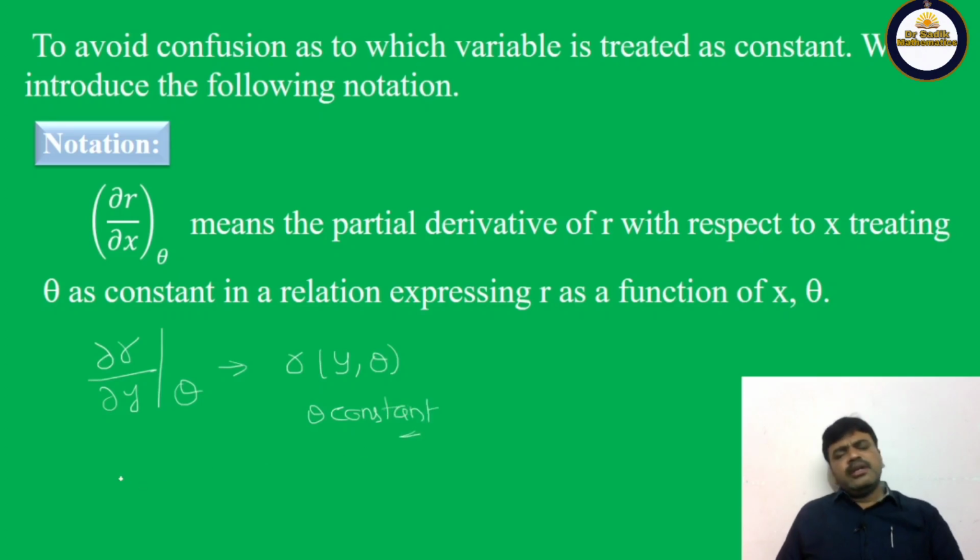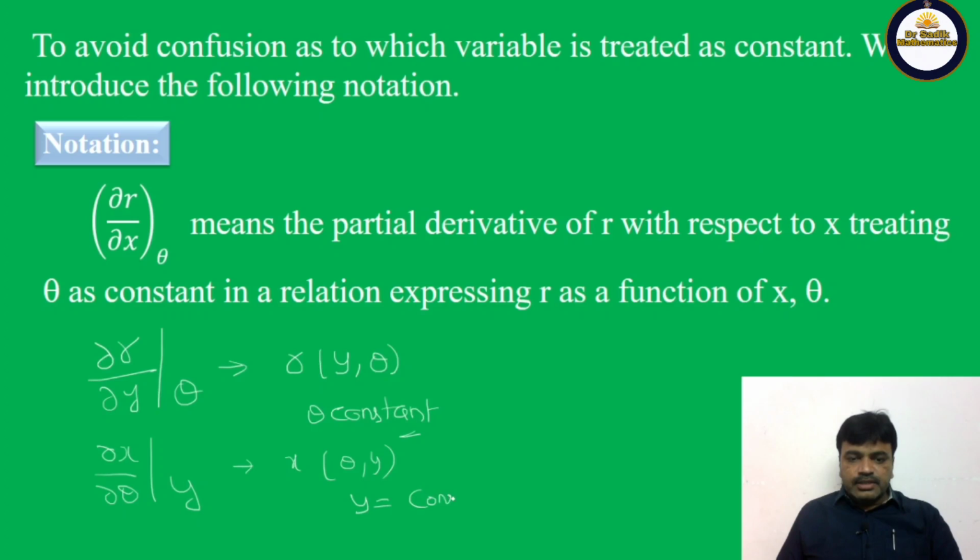We can give so many relations. Suppose I write ∂x/∂theta with y. Now x is a function of theta comma y. We are finding the partial derivative of x with respect to theta, treating y as constant.